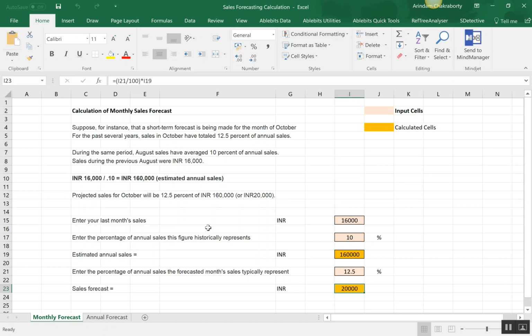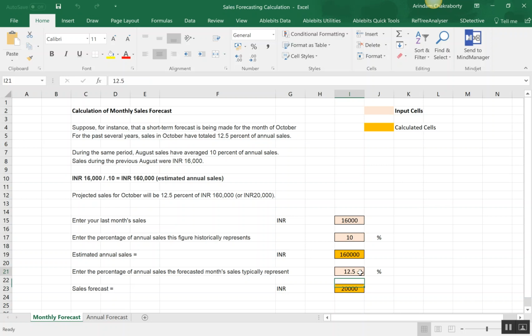In this sort of calculation, if you enter your last month's sales, 16,000 over here, and the percentage which we mentioned over here is 10%, then you get your annual estimated sales, which is 1,60,000. And if October gets to be 12.5% of the annual sales, then that is 20,000.